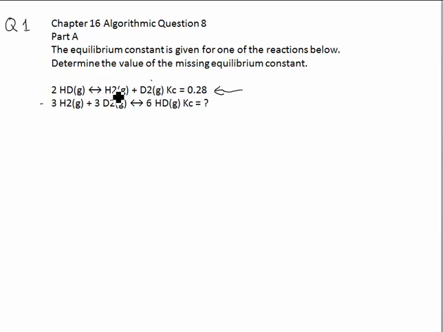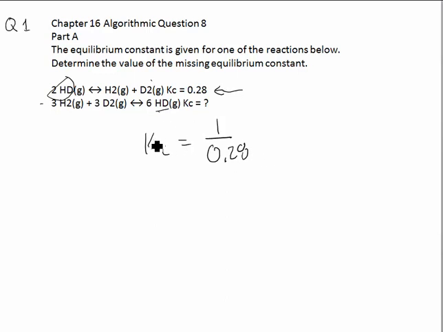So this, for example, the HD has to end up on this side. So we're going to have to reverse this around, and that means Kc, when we reverse a reaction, we invert the K. So that has to be done to make it reverse direction.